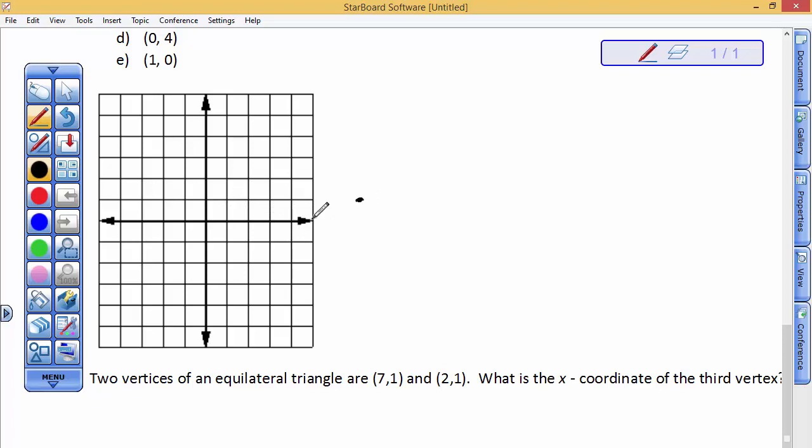So let's see, I think I did pretty good. And then go to the right 2 and up 1, and we want to know the coordinates of the third vertex. Would you notice that here you're 5 units away, and so I need to be, let's draw a straight line and see how.